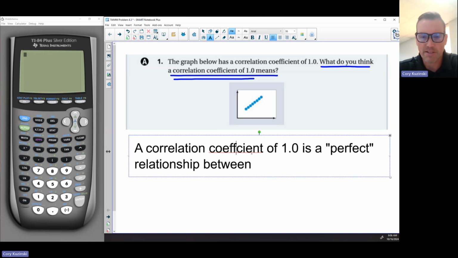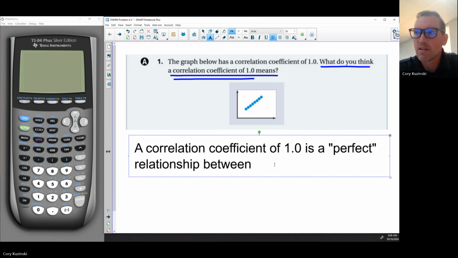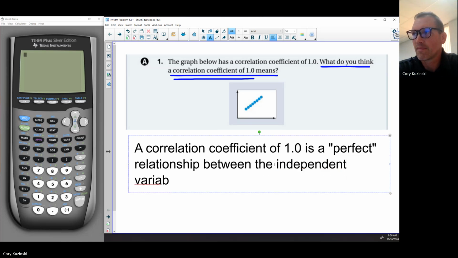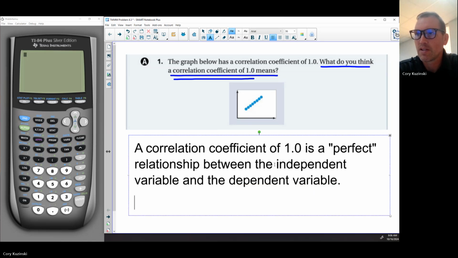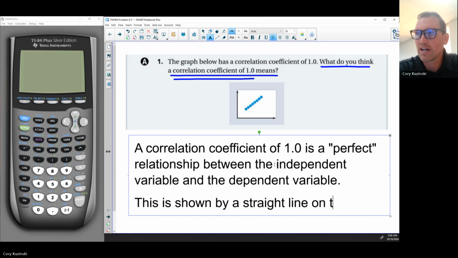I forgot an I. The independent variable and the dependent variable. This is shown by a straight line on the scatter plot.